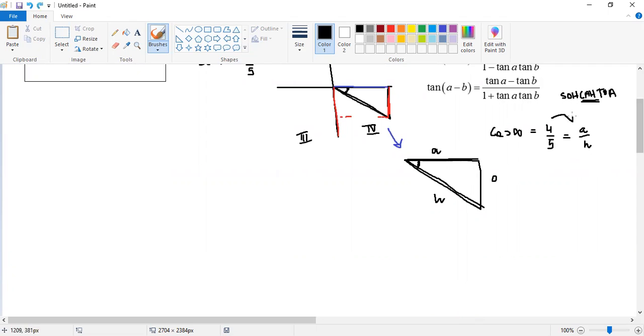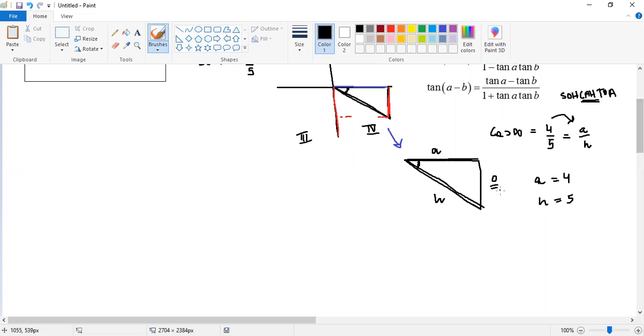So we can say that our a is equal to 4, and our h is equal to 5. So that's how we've deduced what the adjacent and the hypotenuse are.